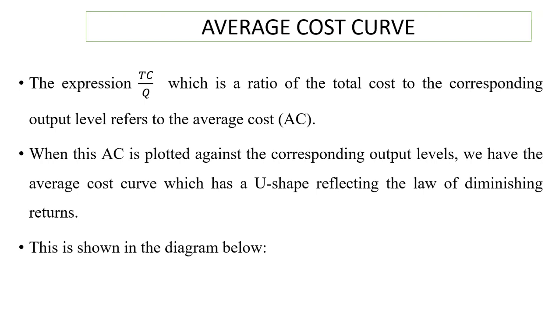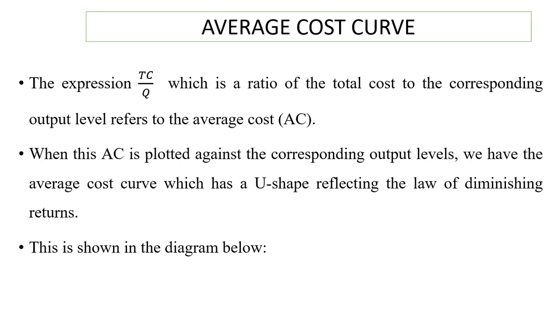It's just having the same shape as the average variable cost. And this U shape is a reflection of the law of diminishing returns. When total output increases at an increasing rate at initial levels of production, it translates into average cost decreasing.